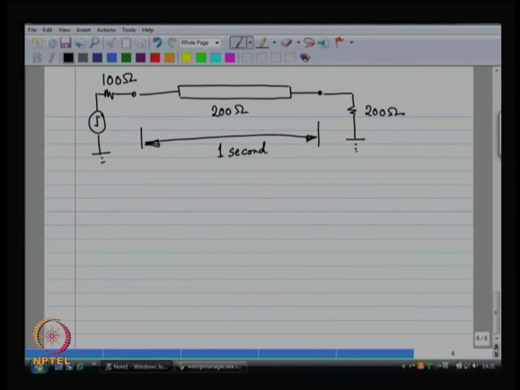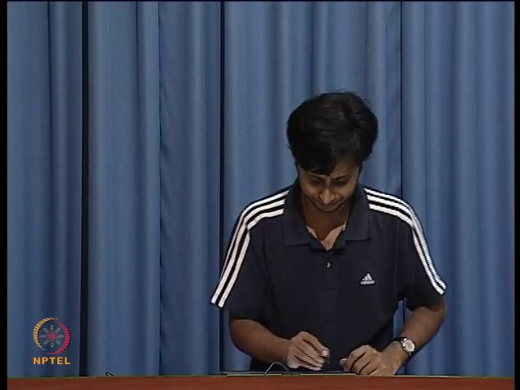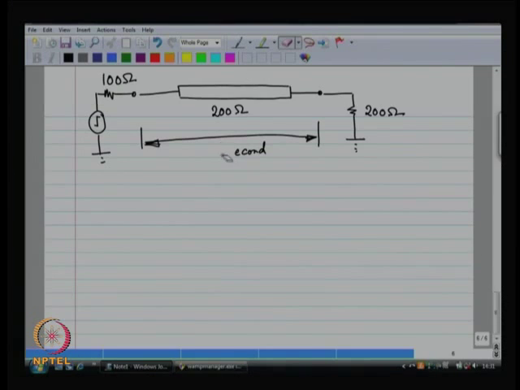It is quite a large distance. If it is 1 second, then it is 3 into 10 power 8 meters. It is a very large distance, but this is just for ease in our calculations or understanding. You can choose your time over here, forget 1 second, let us say it is T seconds.